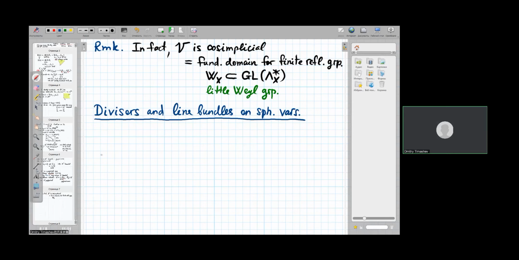So let me use the following notation. Suppose, again, that X is a spherical G-variety.